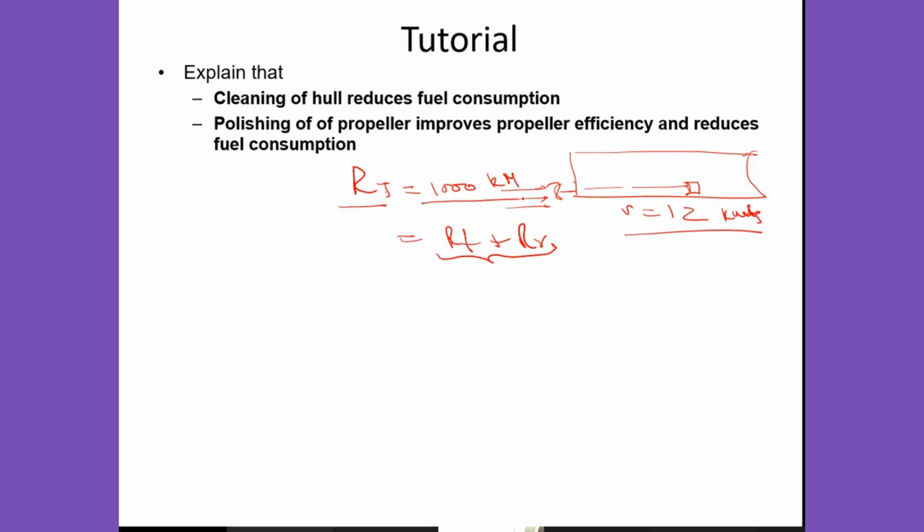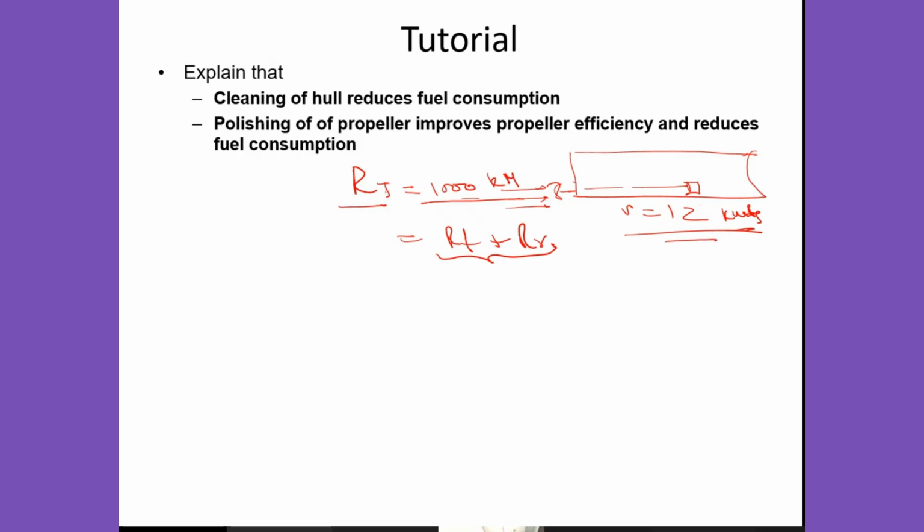Force is in newtons, and because we are dealing with higher resistances with reference to the ship, I am taking an example of 1000 kilonewton. If 1000 kilonewton is the resistance at 12 knots, it also means that if my propeller gives me a thrust of 1000 kilonewton, the vessel will move at 12 knots.